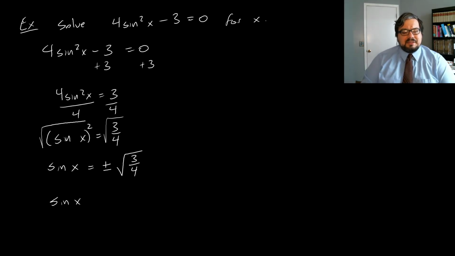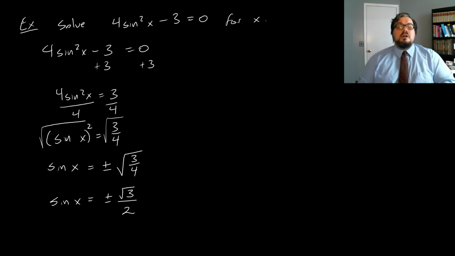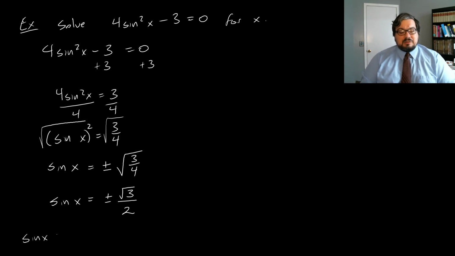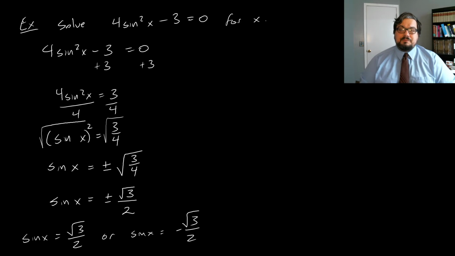Let's simplify this a little. So sine x is plus or minus the square root of 3 over the square root of 4, which is just 2. So at this point, we have 2 different solutions here, actually. We have sine x is equal to square root of 3 over 2, or sine x is equal to negative square root of 3 over 2. Now, we'll want to handle these 2 cases separately, although, of course, there's going to be some symmetry which we can take advantage of.